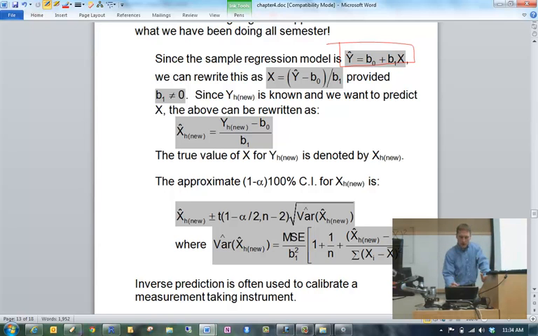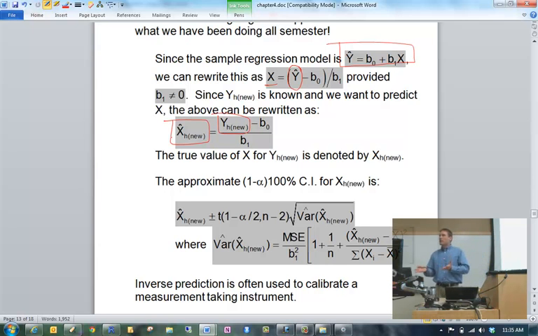And we can do that, sure. x is equal to y hat minus b0 divided by b1. Well, how about we just simply replace this y hat with this new value of y that we've obtained, and if we do that, we get out a predicted value for x. Notice how I put a little hat on top of that x to emphasize that this is now predicted. Predicted because obviously b0 and b1 were estimates based upon your sample.